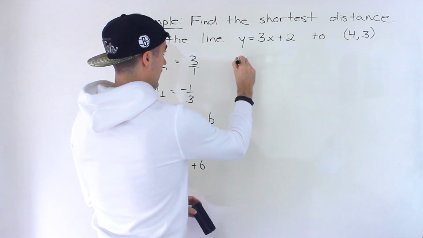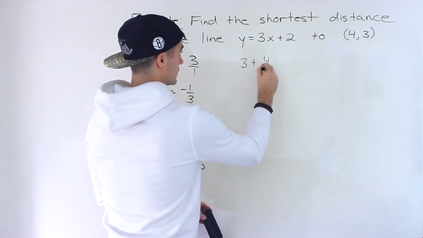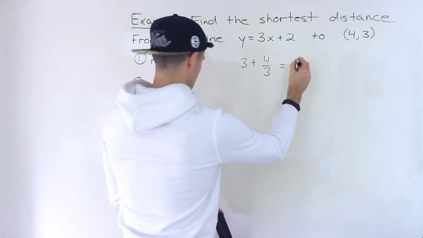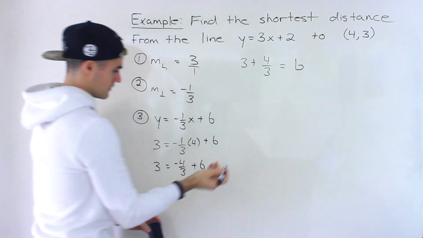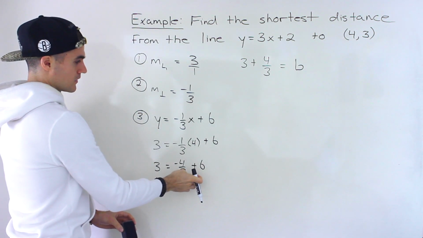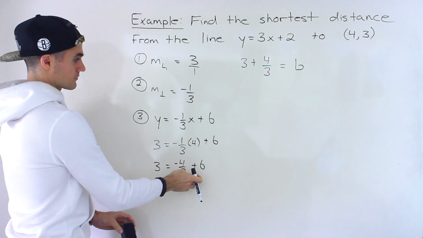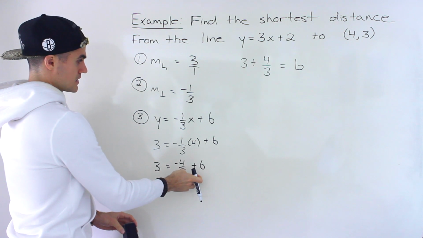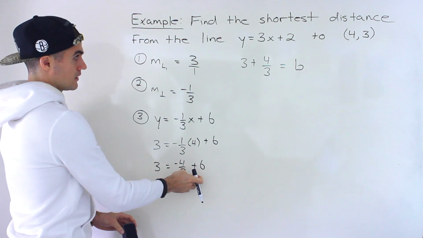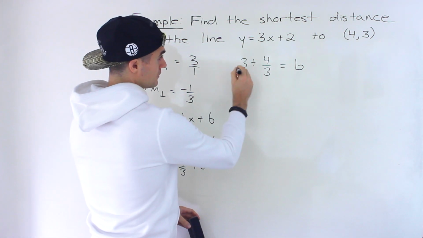So basically we'll have 3 plus 4 over 3 is equal to b, this b value. Yeah, so from here, we just add these.